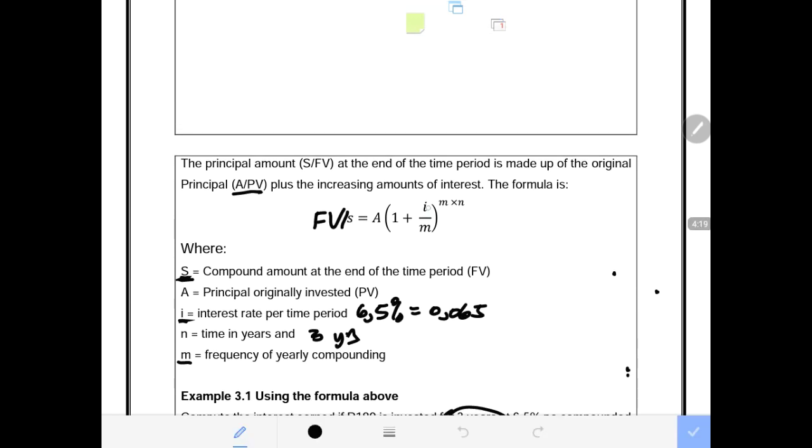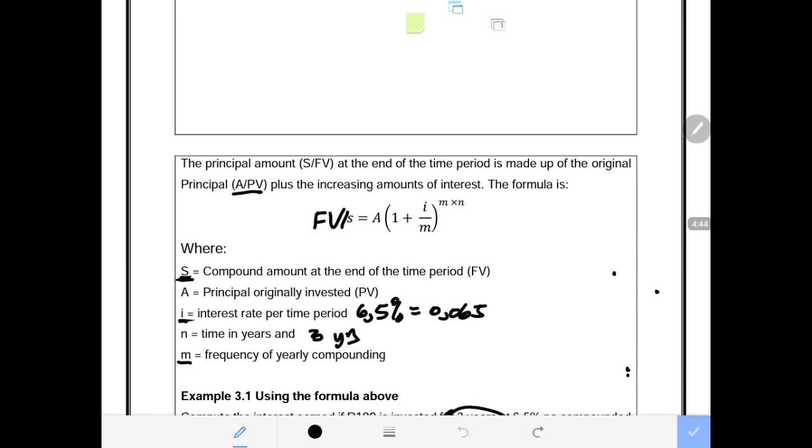If you look there, I is divided by M, and this is very important because when we work with a compounding period or frequency being more than once a year, we need to make sure that we divide with the right number. So in the formula, we said interest divided by M, which is the number of compounds in a year.